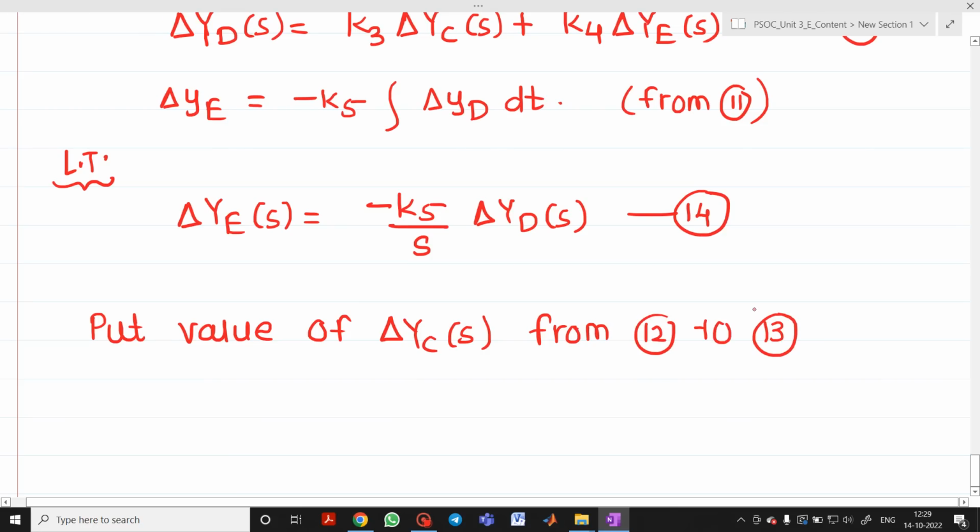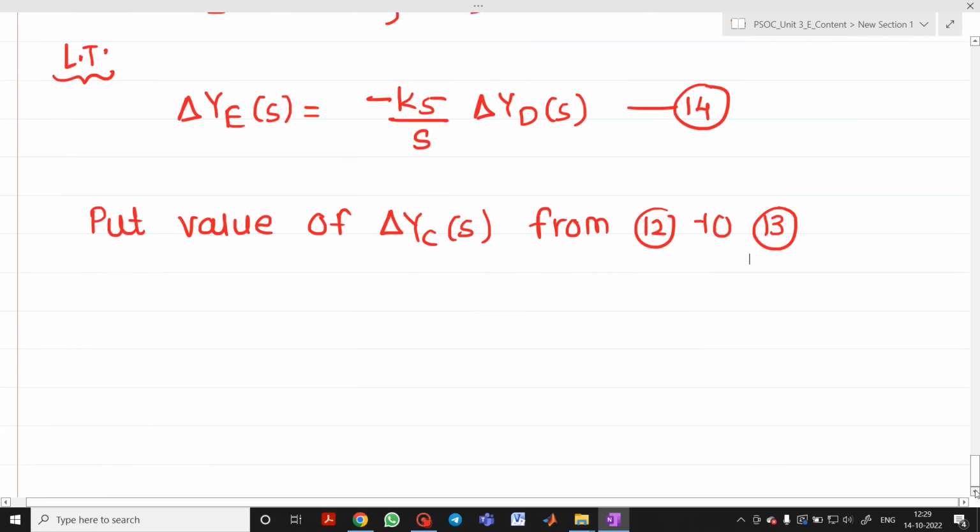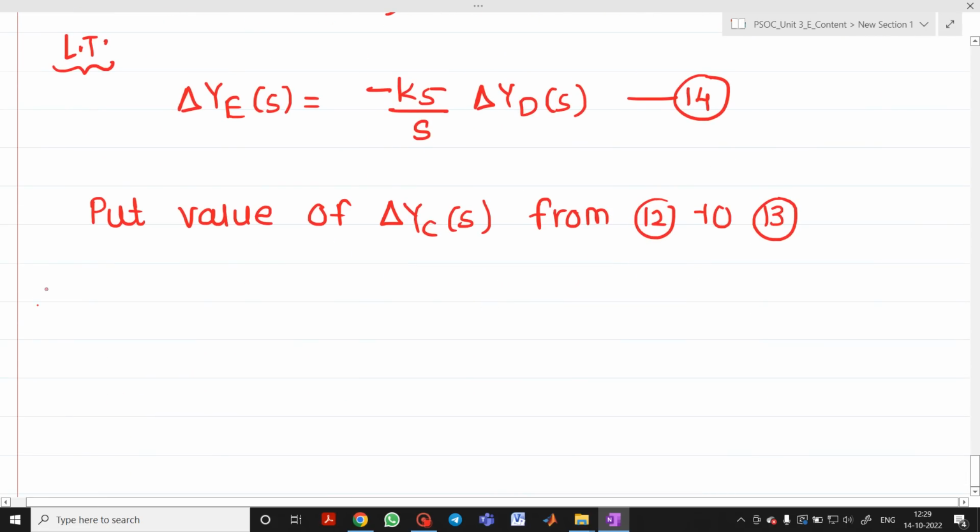Here again I will repeat: we got this equation number 12 of delta yc of S. So we will put this delta yc of S value here in equation number 13. So what will I get? Therefore delta yd of S, I am going to put the value of delta yc of S from 12 into 13.